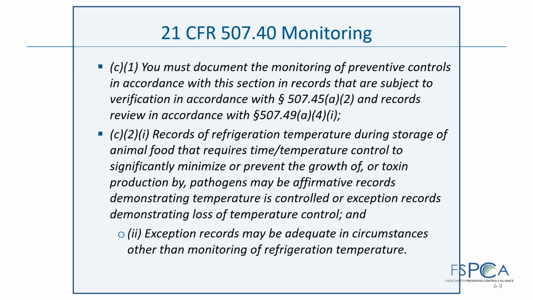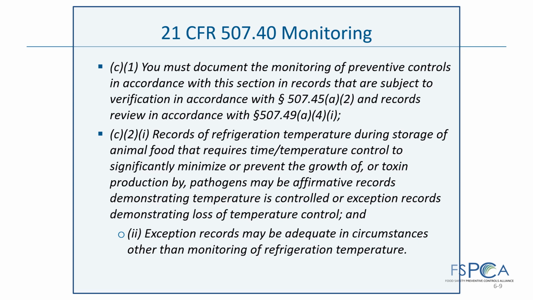Also, we have another kind of subsection here that says if we have records of temperature that's used in refrigeration, and we're doing that refrigeration to control the growth of a biological pathogen or to reduce toxin production by pathogens, those can be affirmative records or exception records.